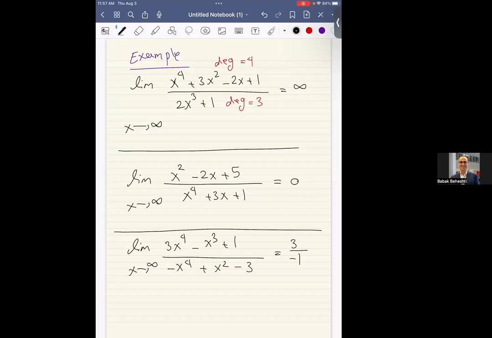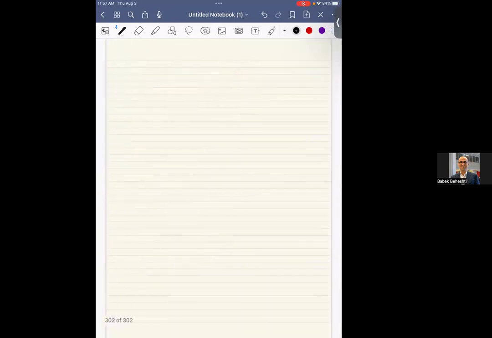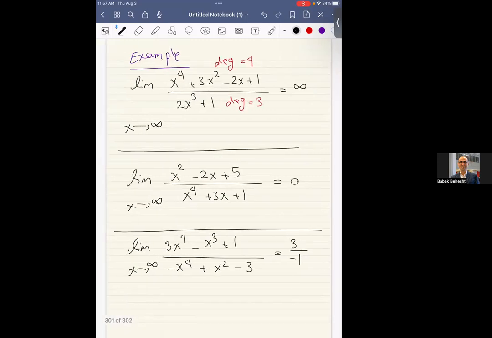First of all, these examples are clear. Here, the first one, I'm looking at the limit as x goes to plus infinity, which is infinity. Now, why is it positive infinity? The reason is, let me write this again.